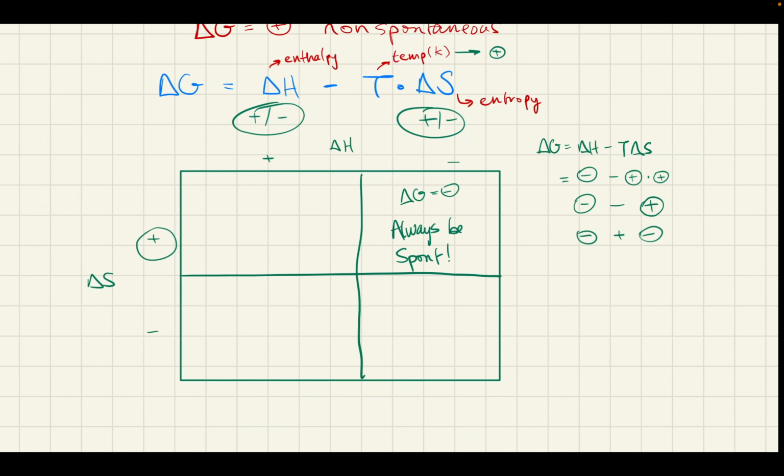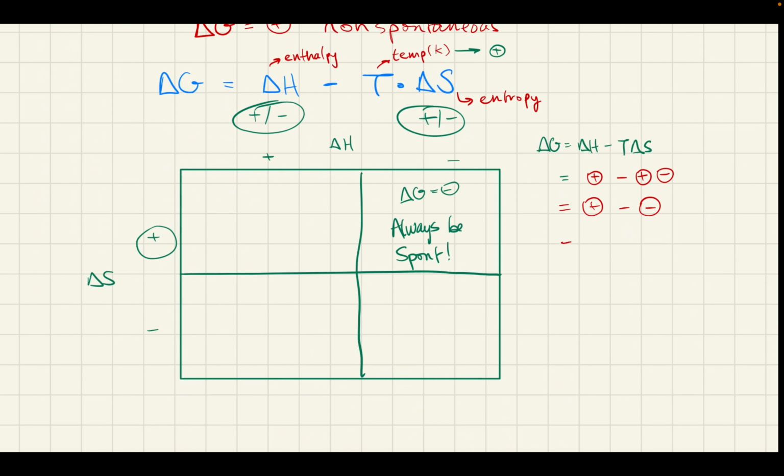Perfect. Let's do the opposite. Let's do this bottom left quadrant. Let's go through the math again. In this bottom right quadrant, we have a positive value for delta H minus a positive times a negative. Well, that's the same thing as, let's deal with the multiplication first, minus a negative value, which, when we simplify again, is a positive number plus a positive number.